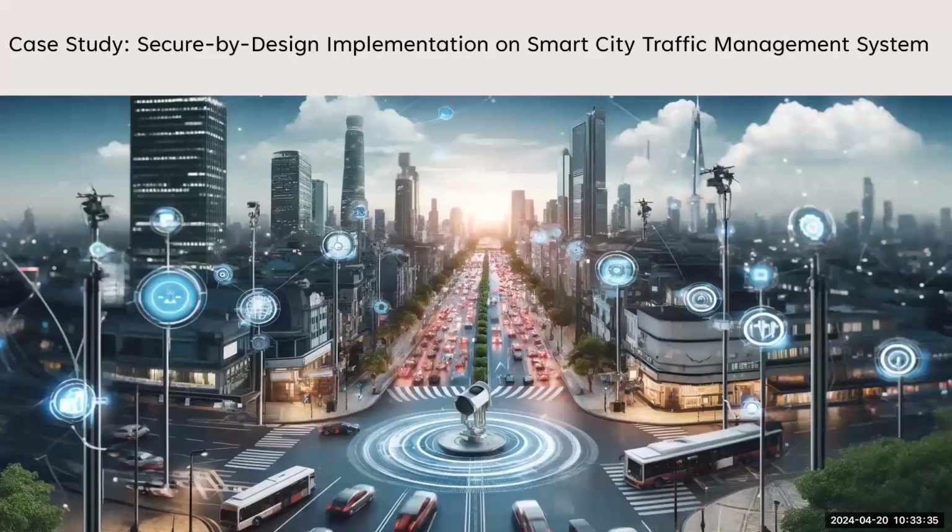This could be robust authentication and access control. The traffic management system implements a strong authentication mechanism to ensure that only authorized personnel can access and control the critical infrastructure components.